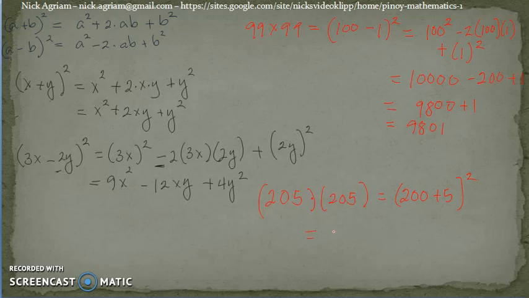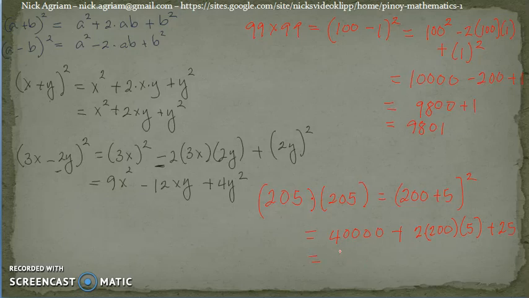Then we have 200 squared, that is 40,000, plus 2 times 200 times 5 plus 25.